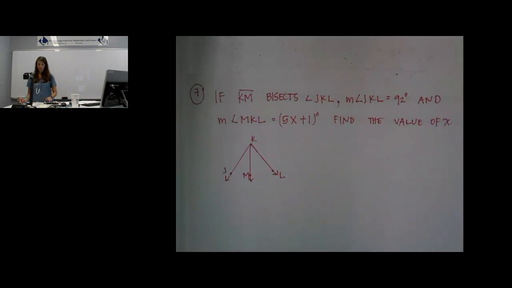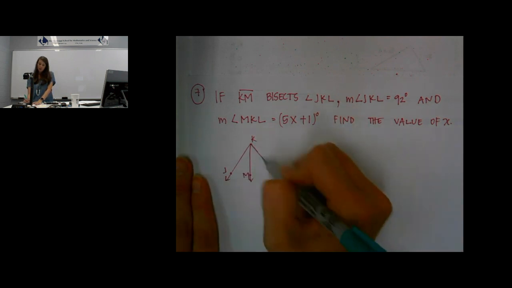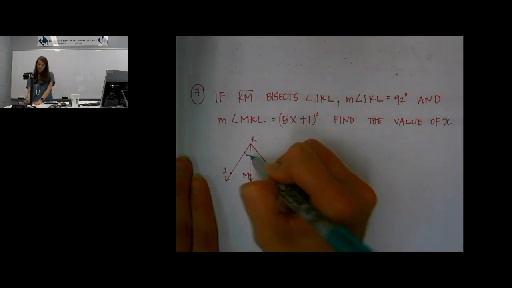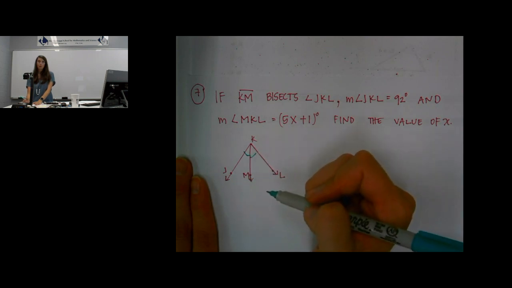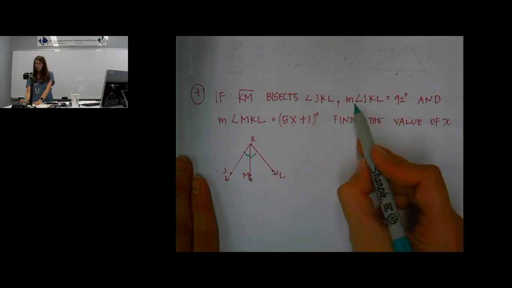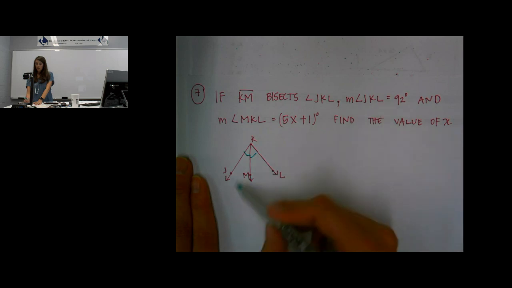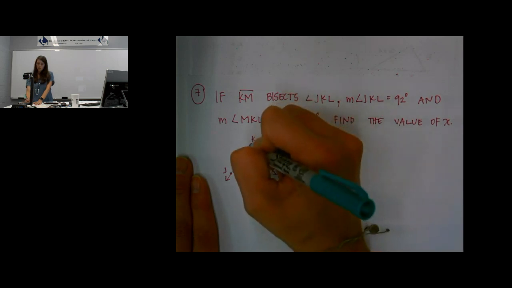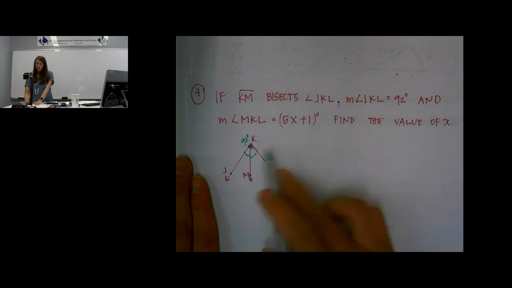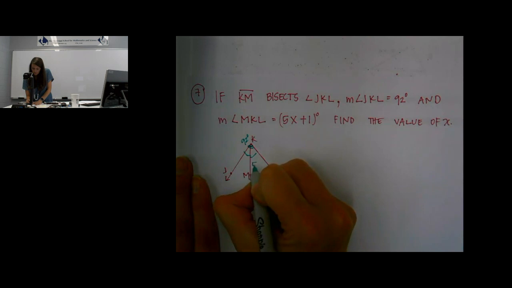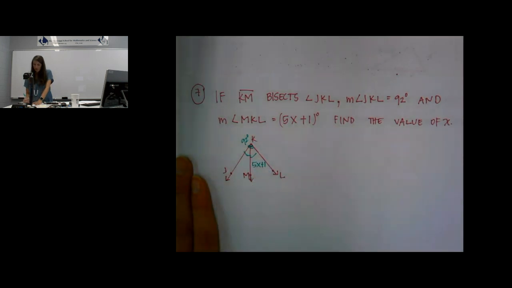Okay. All right. If KM bisects angle JKL, so KM bisects that, that means that's creating two equal angles right there. So if the measure of JKL is 92, so this big angle right here is 92 degrees, and the measure of MKL is 5x plus 1, find the value of x.